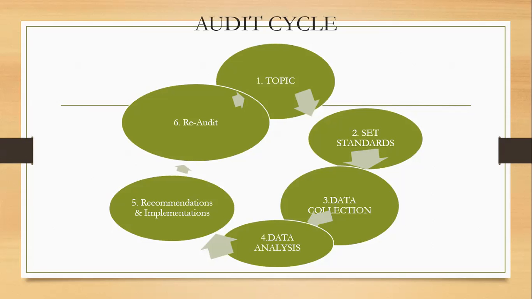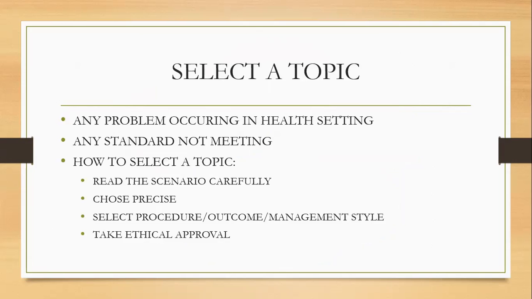Let's explain all the steps of the audit cycle step by step. The first step is to select a topic. Whether you are a medical resident doing an audit cycle for your research purpose or for your exam purpose, you need to select a topic as the first step of the audit cycle. It can be anything.